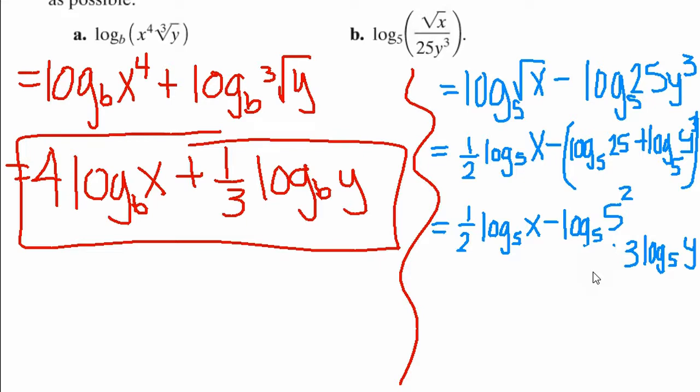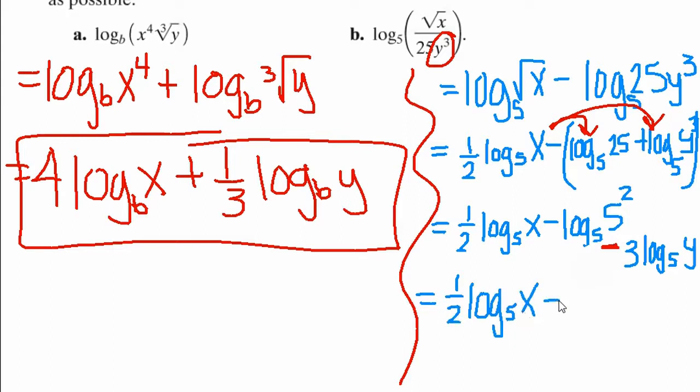So remember, you have to distribute that negative to both of those, which makes sense because y cubed was in the denominator, so it ends up negative. All right, so one last step to simplify. I get 1/2 log base 5 of x minus 2 minus 3 log base 5 of y.